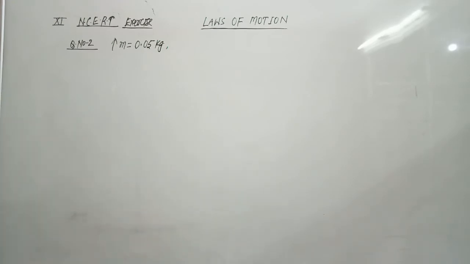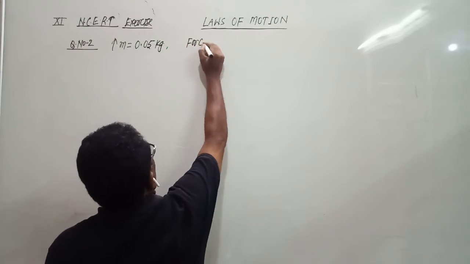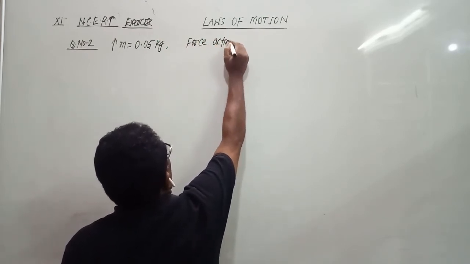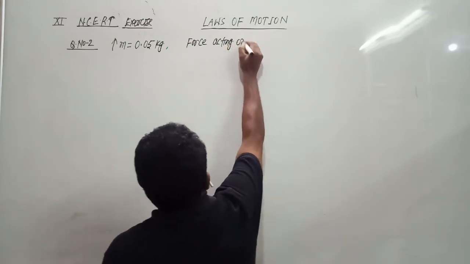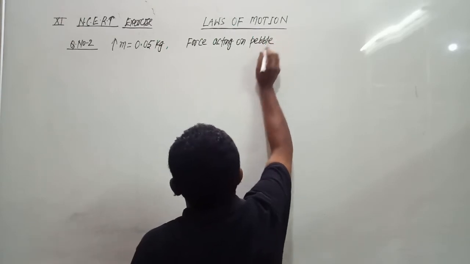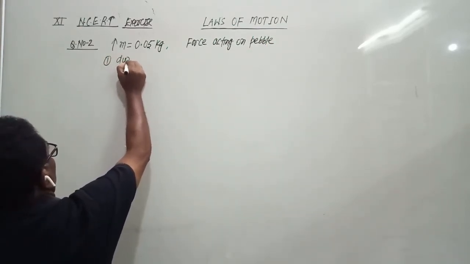So we have to calculate the direction and magnitude of the net force acting on the pebble during its upward motion. The first part is during upward motion.